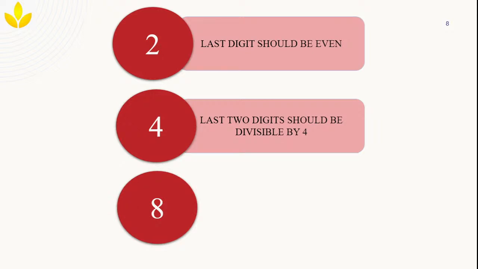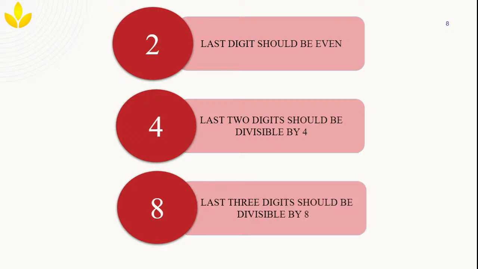Next is the divisibility rule for 8. Now, why am I taking 2, 4, 8, all of them together? I hope now you understood. There is a similarity between all of them, so I'm taking those which are similar together. The divisibility rule for 8 is that the last 3 digits should be divisible by 8.